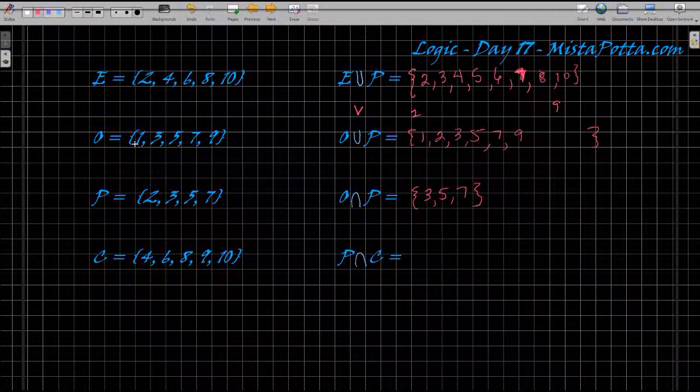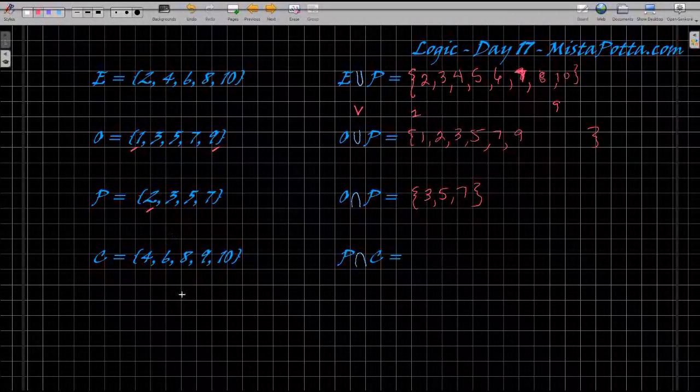O has a 1 and a 9 that doesn't show up in P. And P has a 2 that doesn't show up in O. So notice that this 3 element set tends to be smaller than these 2 sets that were given to us.